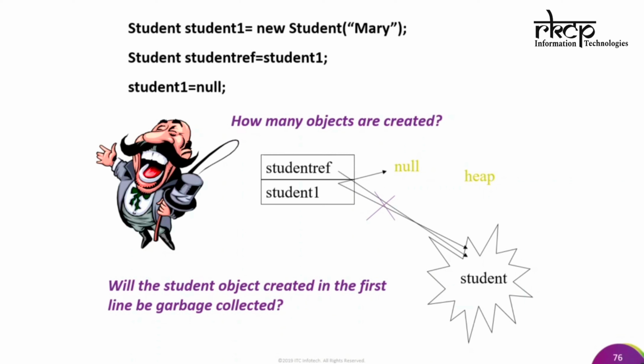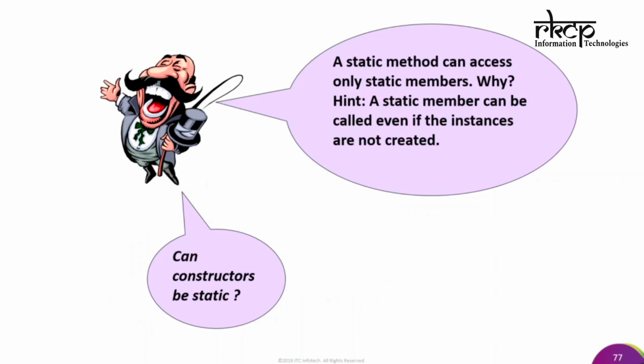So it will not be garbage. But if you do not write student ref equal to student1 and you make it null, then that memory will be unreachable memory. You cannot access the memory. That will be garbage.